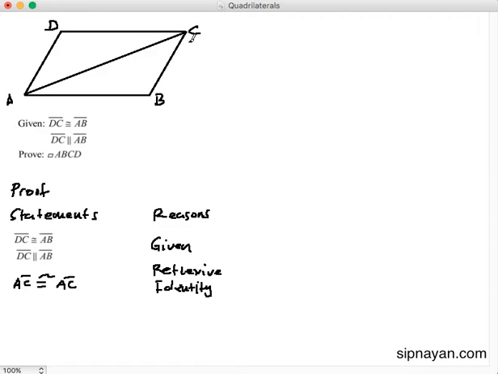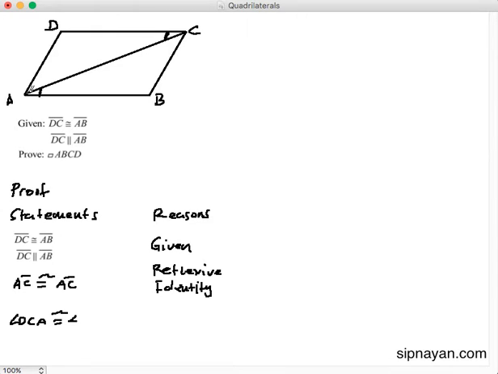Their corresponding angles are congruent, but their alternate interior angles are also congruent. So, ibig sabihin yung DCA tsaka ito, congruent yan. Kasi alternate interior angle sila. So, angle DCA is congruent to angle CAB.